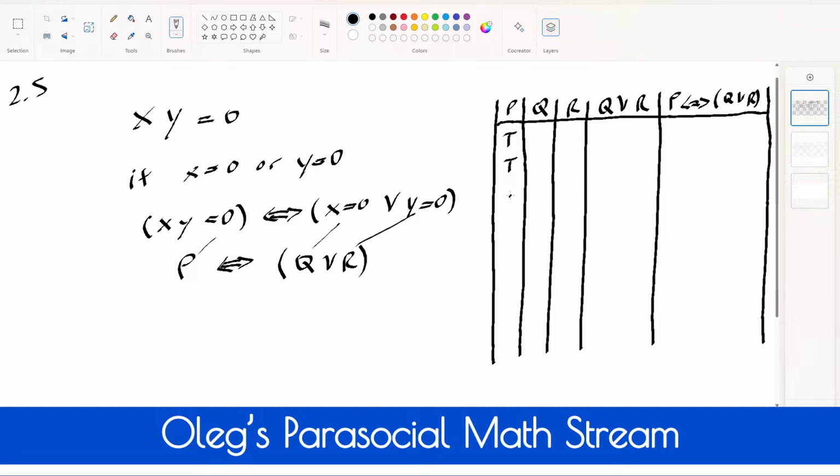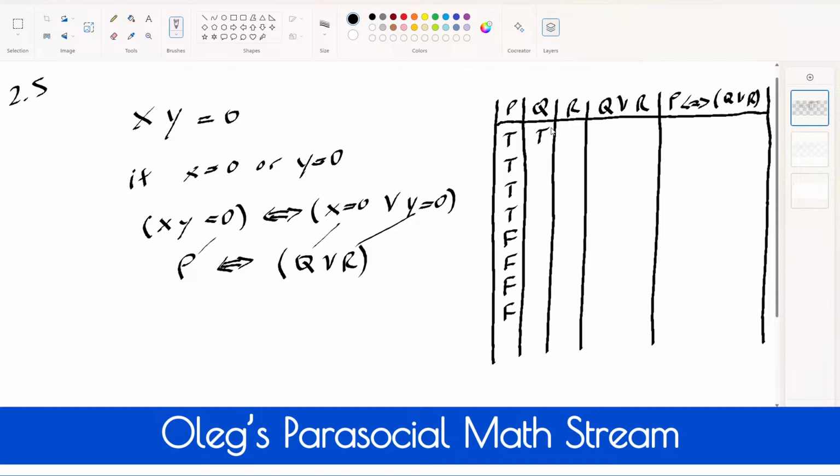True, true, true, true. By the way, the order of the trues and the Fs, you can write them in any which way. You can go TF, TF, TF. But the reason why we do it this way, and then you'll see it, it's just an easy way to organize things, easier than the alternative, which would kind of randomize this.